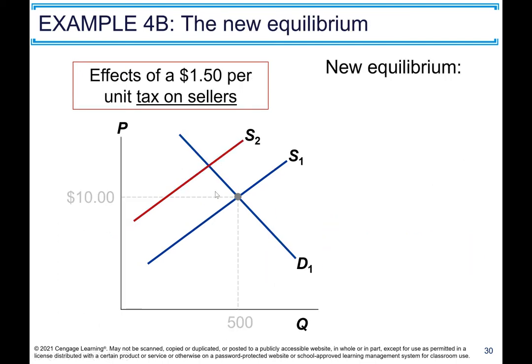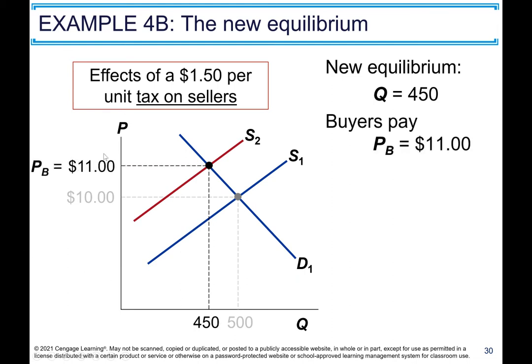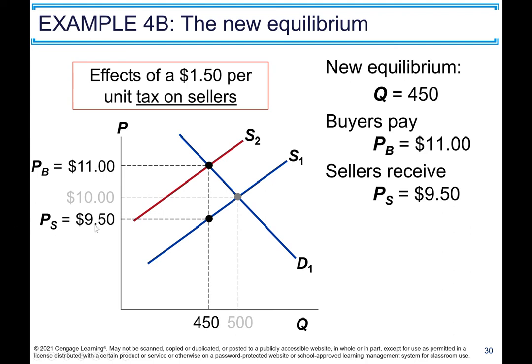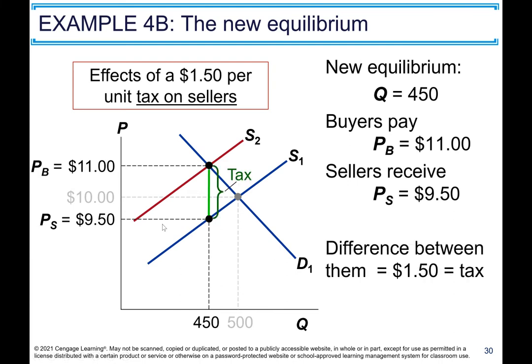The new equilibrium would be 450. Again, the market shrinks from 500 to 450. And the buyer pays $11 instead of $10. The seller receives $9.50 instead of $10. The difference between them is $1.50, which is the tax.